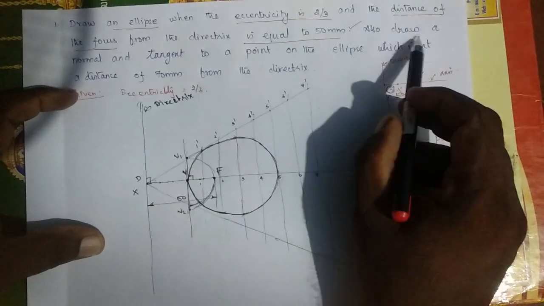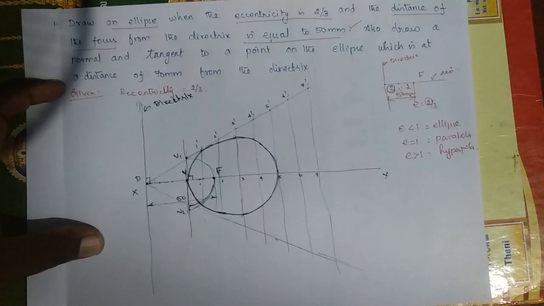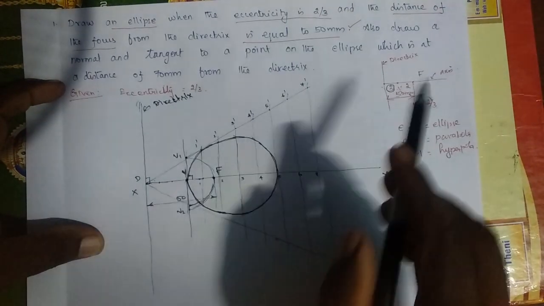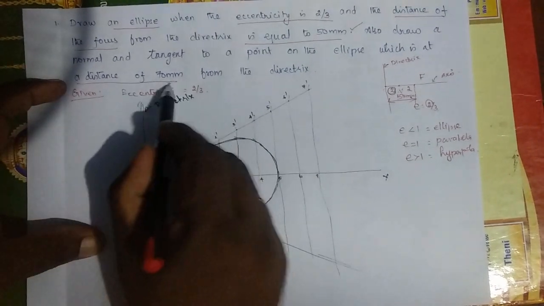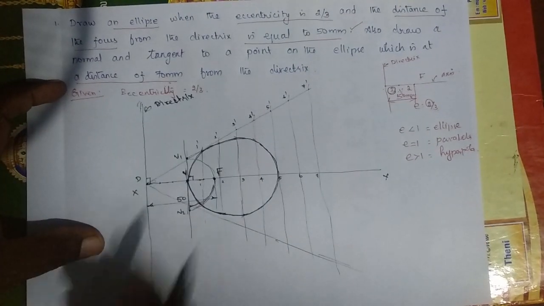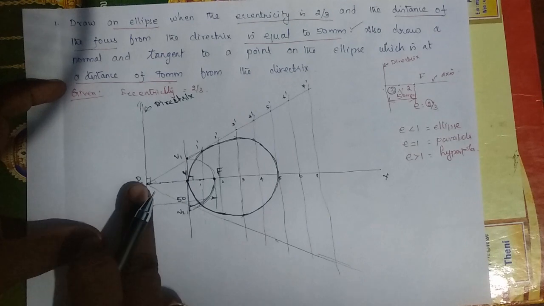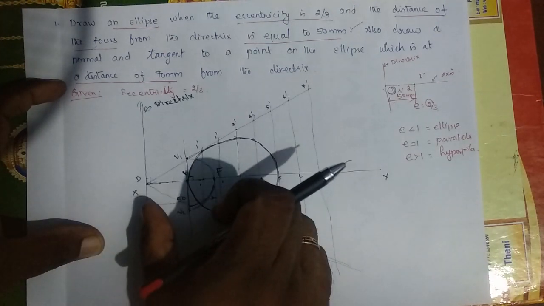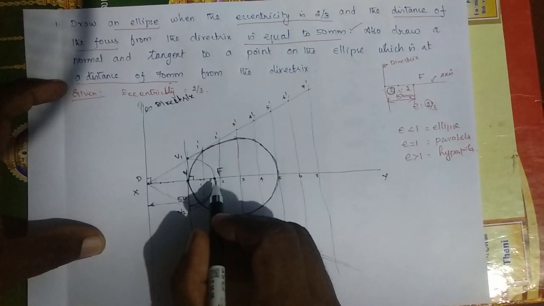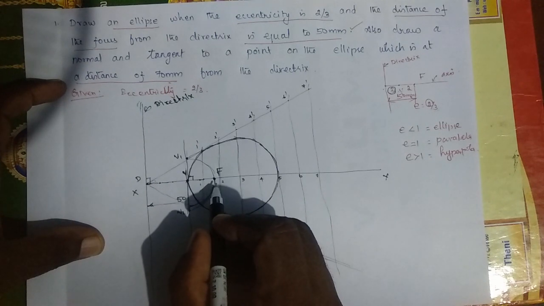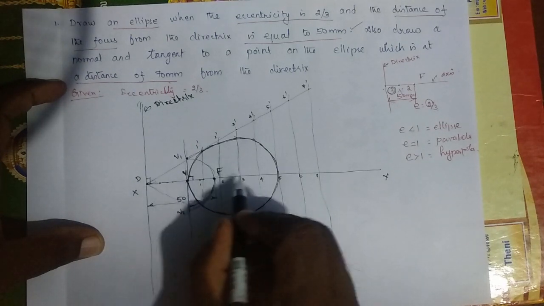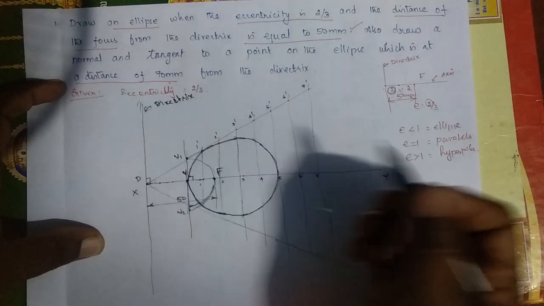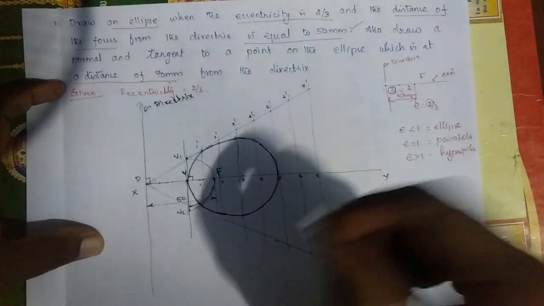So next thing, also draw a normal and tangent to a point on the ellipse which is at a distance of 70 mm from the directrix. So now you have to take from the directrix 70 mm. We already have 50 mm. So this is what 70 mm distance.